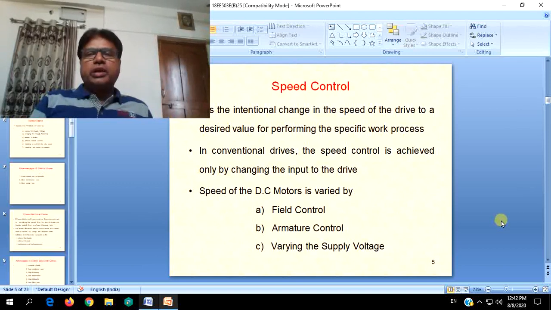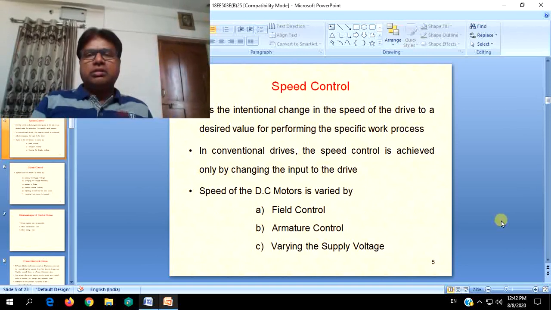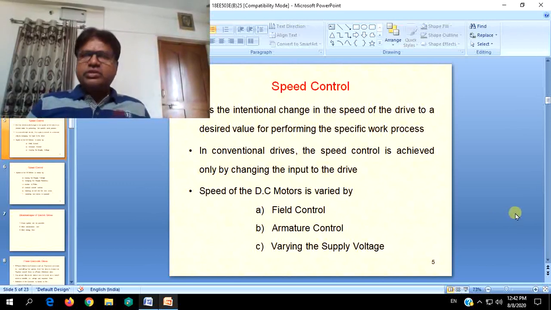So when it comes to speed control, why is speed control needed at all in the case of drives, whether conventional or electrical? It is because of the load. Just think that you have started a drive and are rotating the load at the rated RPM, and there is a sudden increase in the load.